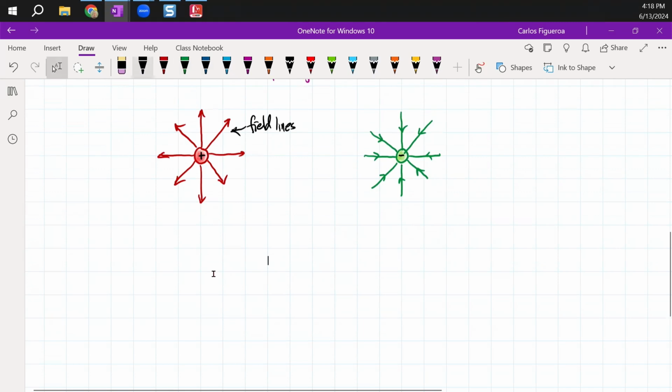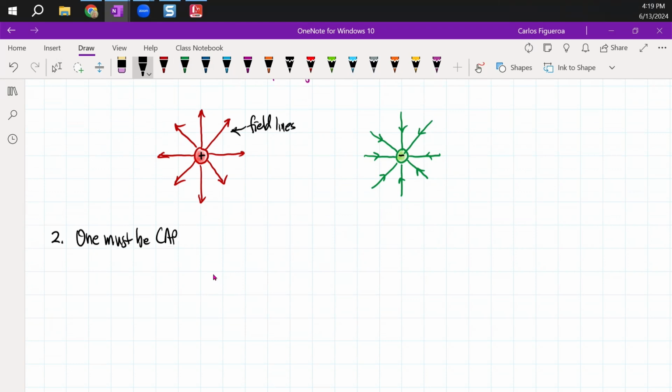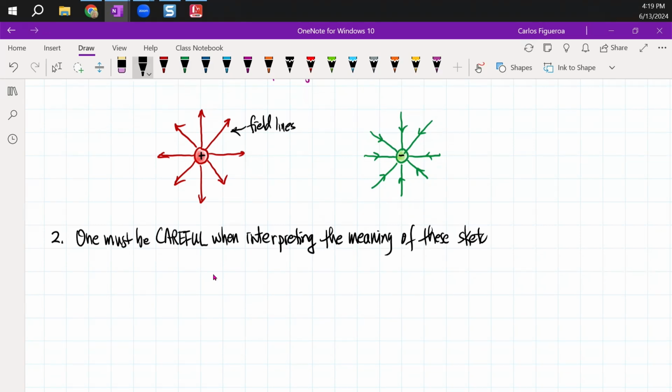So now let's go to the second one. One must be careful when interpreting the meaning of these sketched fields.